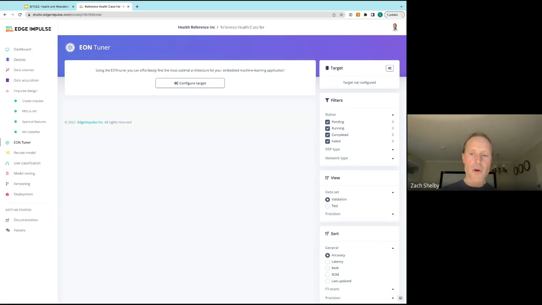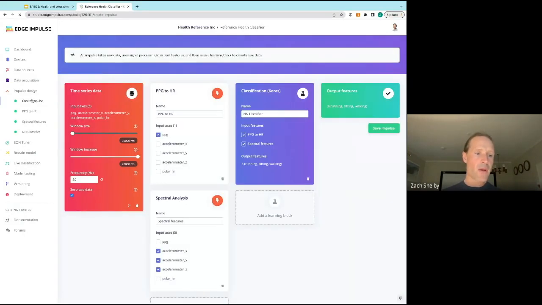What this won't do, though, is we can explore neural network architectures, but it will not create a whole new class of feature extraction for you. If you need to do that, let's say you have an exotic sensor, then you need to go in and implement that new feature extraction. And we allow you to do that. We can run this auto process that will suggest stuff for existing ones.